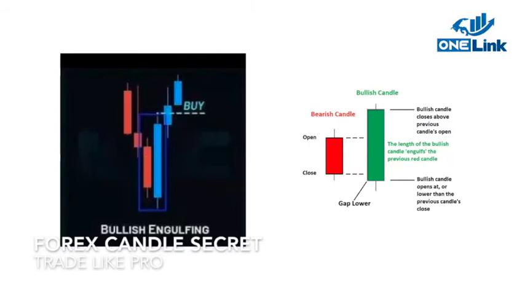That means a reversal candle pattern happening at the region of your trend line, at the region where you mark your sell zone or buy zone. This particular candle pattern will be much more effective.